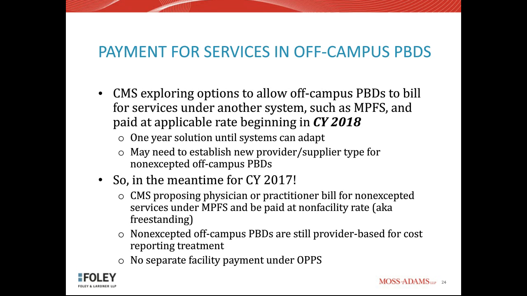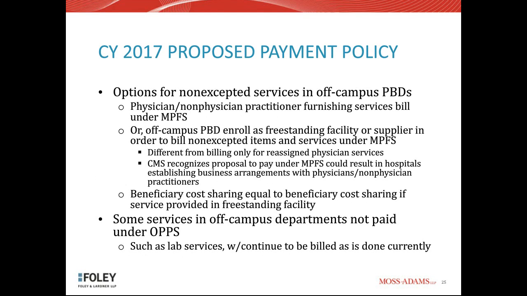So as I said, there are two options for this coming year. One is to re-enroll as a new kind of entity, and I have some cautions about that. And the other is to have the physician bill for it and somehow work it out. Now, CMS isn't saying how it's going to ask you to work it out, and I think that we're going to have some conversations about that.